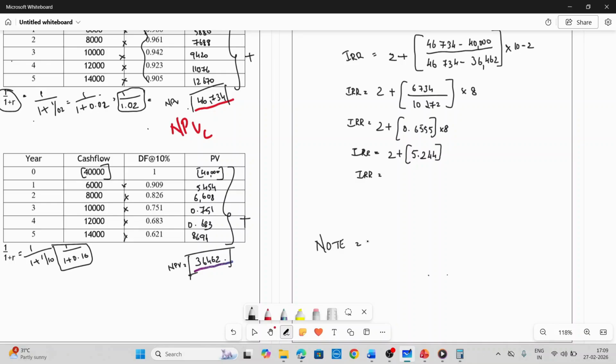Note: NPV 1 or 2 should be greater than the initial investment, and the other, whichever it may be, doesn't matter, should be less than the initial investment. That's it. This is the trick you have to remember while calculating the IRR.